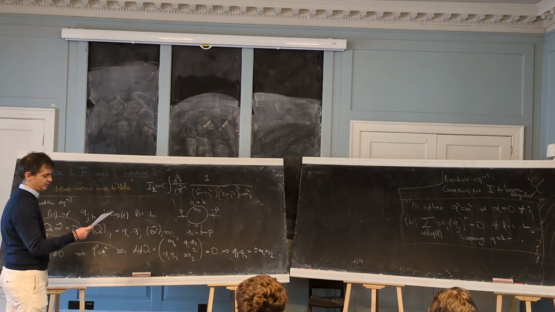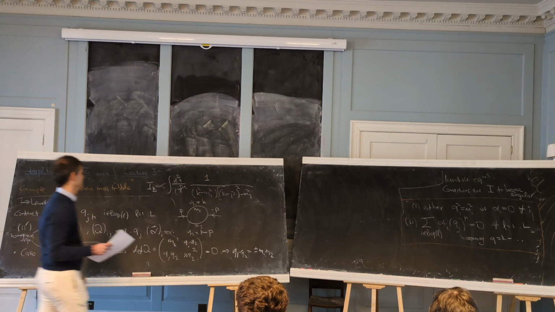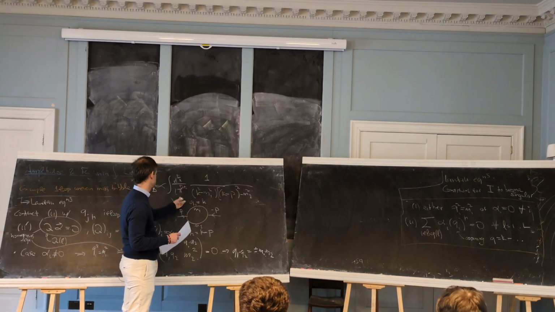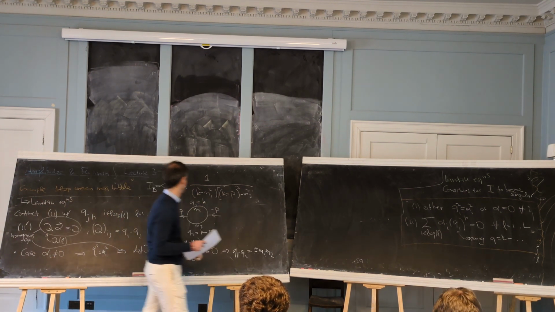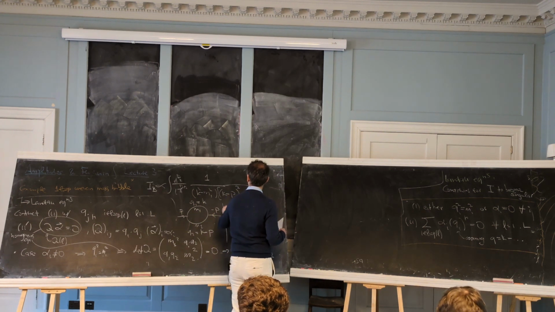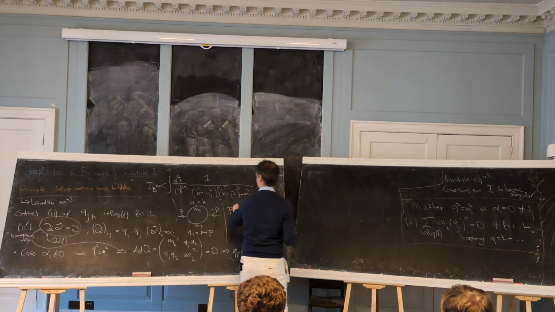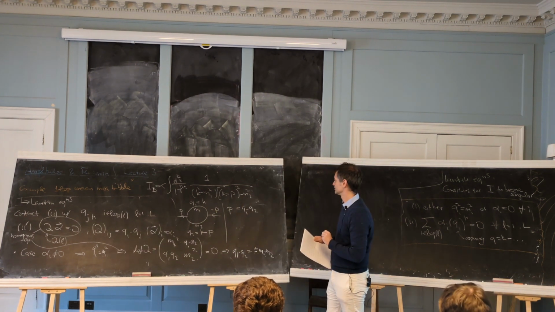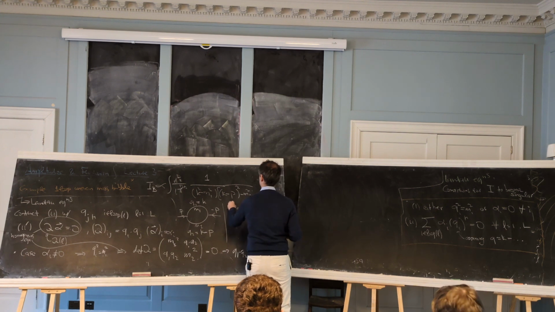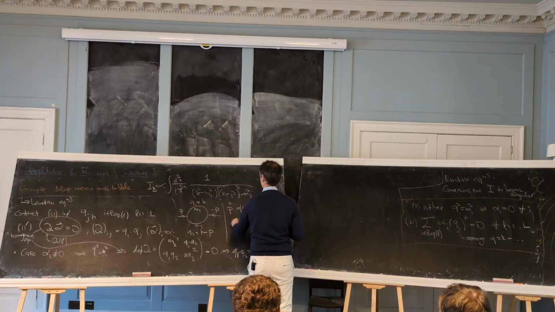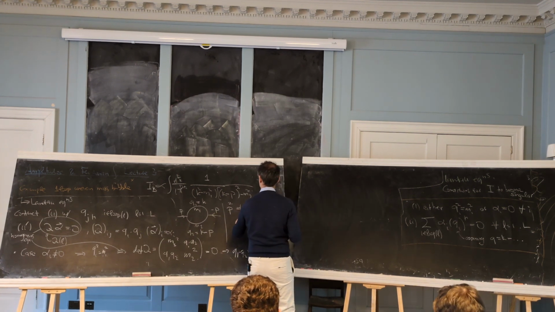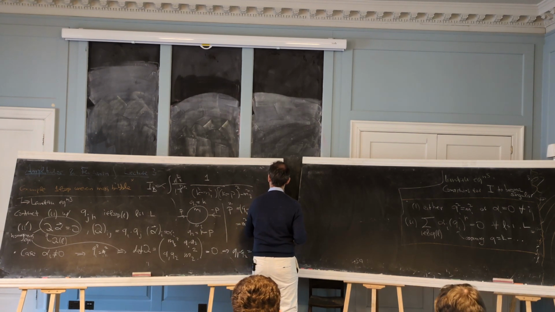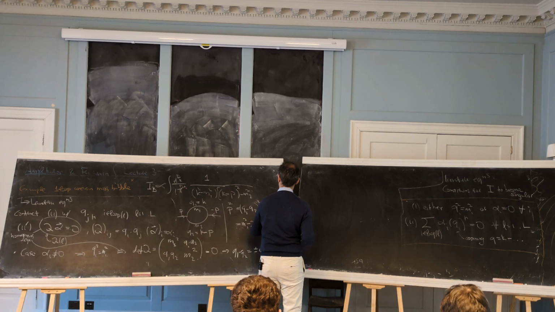Then what you need to do is just look at these equations. It's clear that P is Q1 minus Q2. Let's square it. So this is Q1 squared, which is m1 squared, minus 2 Q1 dot Q2, plus m2 squared.